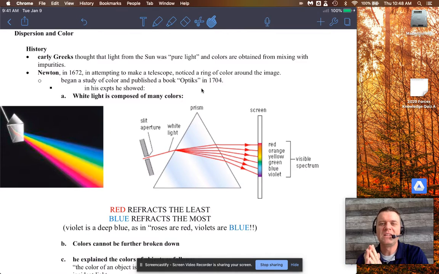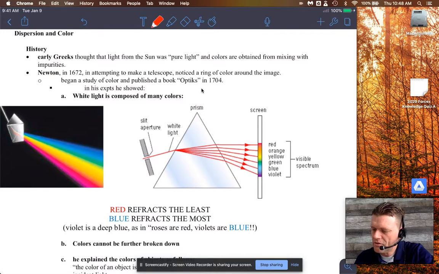And so that means, it's very, very subtle, but each ray of light will travel at a slightly different velocity in glass or whatever medium it's passing through. So the larger wavelengths experience a lower change in their velocity than the shorter wavelengths do. So red refracts the least.